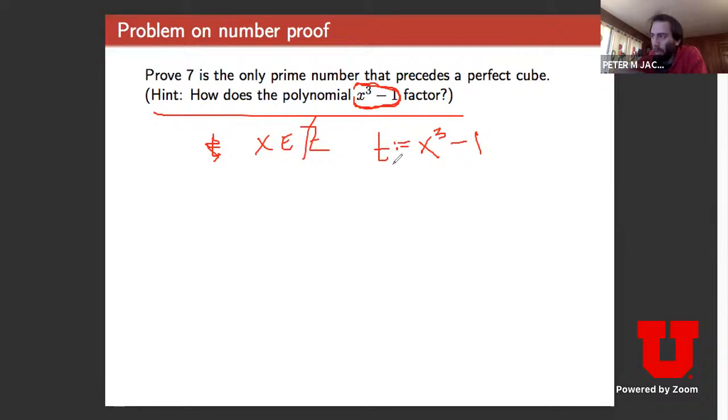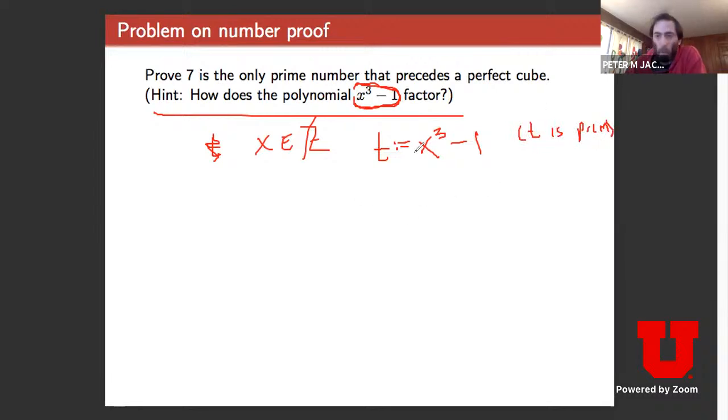We're now claiming that we have found a number that precedes a perfect cube that is prime. We have just found one. We must show that it is 7. That is the way to prove this statement. So we must show that t is 7. We're given that t is prime. We must show that t is 7.